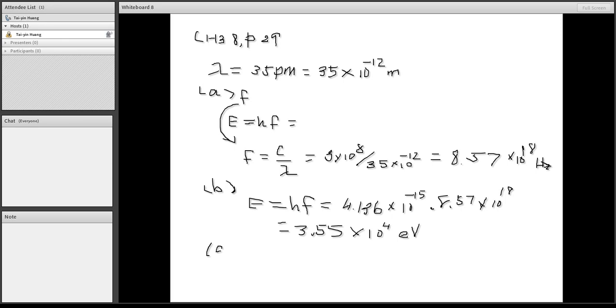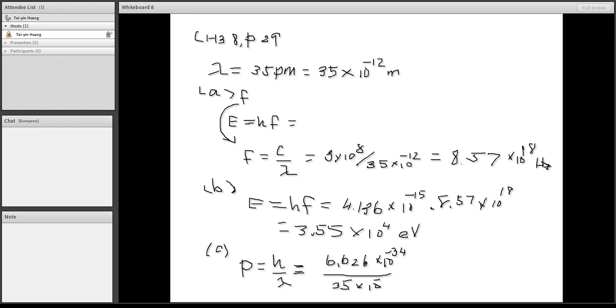So the last part is that you want to calculate the momentum of the photon. Momentum of the photon is easy to do because if you remember, that will be just h over lambda or E over c. We're not going to use E over c because I did not calculate energy in joules. So just use h over lambda, and your h is in joules, 6.626 times 10 to the negative 34, over the wavelength, which is 35 times 10 to the negative 12.